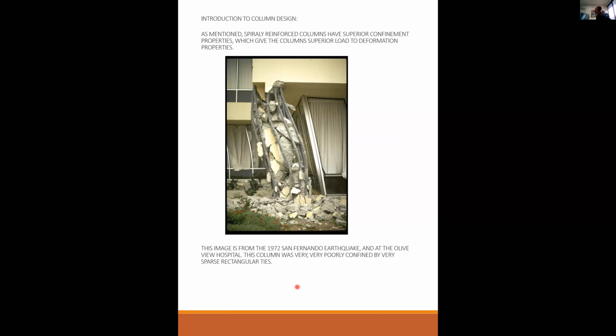This column was very, very poorly confined by very sparse rectangular ties. If you can see my little wand right here, I am pointing to a tie, and there's another tie, and another tie, and one up here. There was basically no confinement on this column.